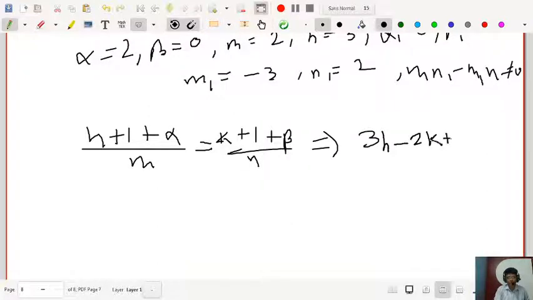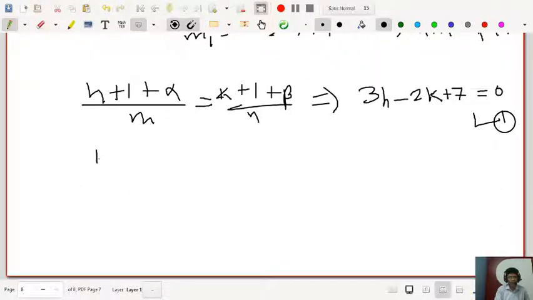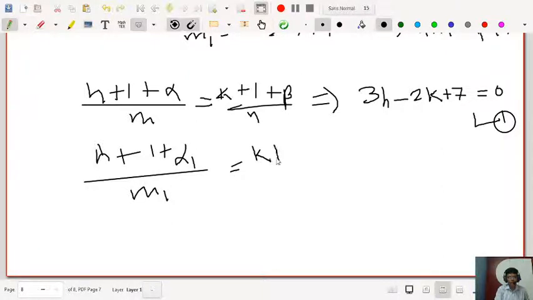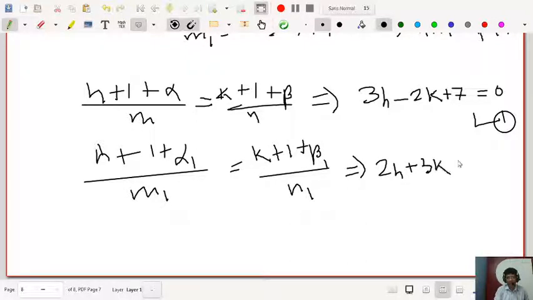So I am not calculating the whole. You will get, this is equation 1. And in the second condition, h plus 1 plus alpha 1 by m1 equal to k plus 1 plus beta 1 by n1, that is equal to 2h plus 3k plus 14 equal to 0.